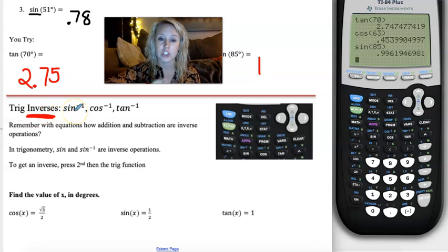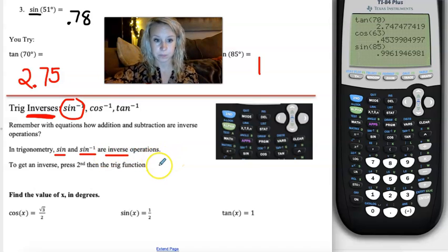In trig, sine with a -1 is called an inverse. So inverse cosine and inverse tan are the opposites of sine, cosine, and tangent. Sine and sine -1 are opposites.